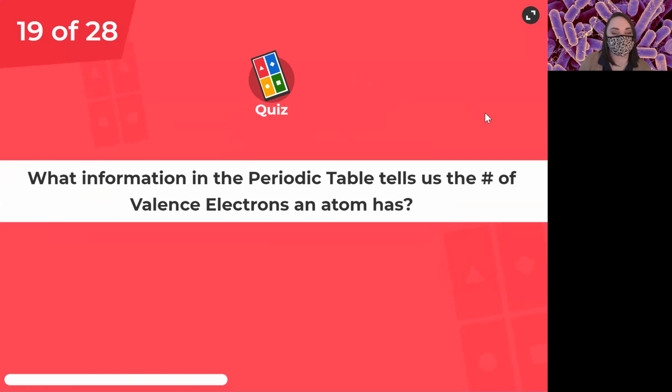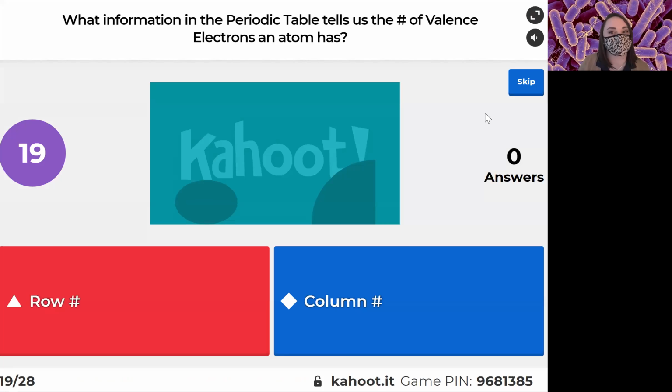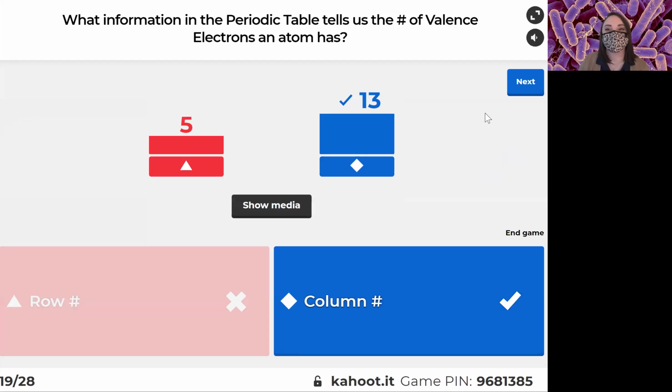What information in the periodic table tells us the number of valence electrons an atom has? Column number.